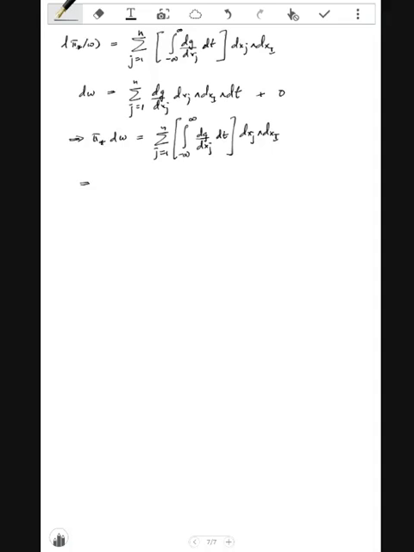So this implies pi lower star is a map of complexes.